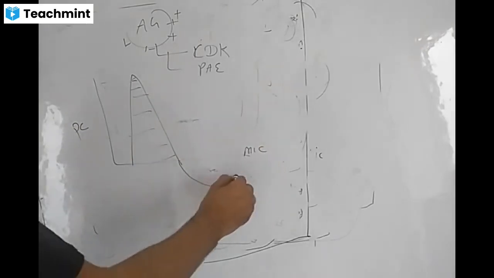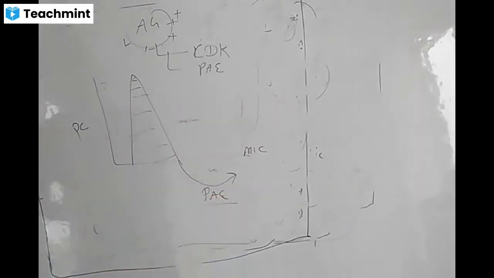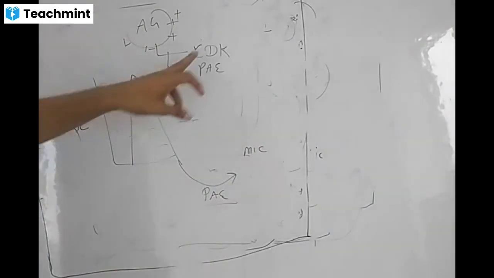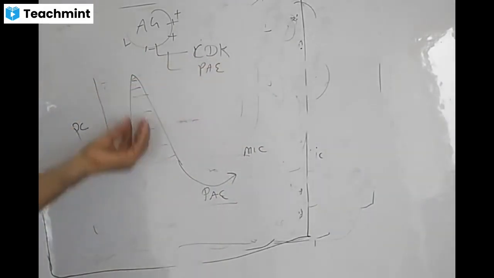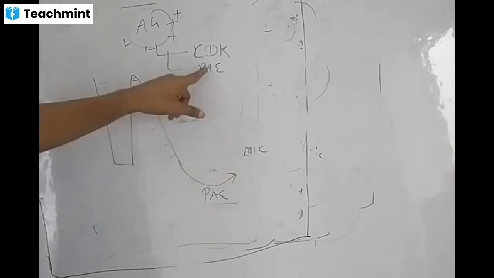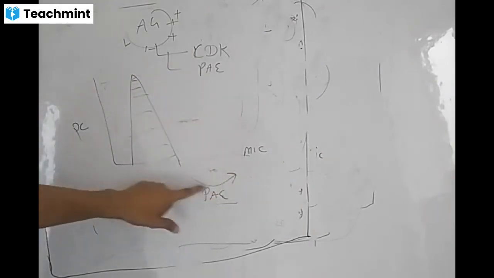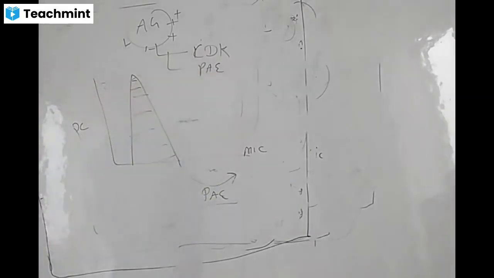It goes below the MIC, that is your PAE, post antibiotic effect. So these are two important points. Concentration dependent killing: if you increase the dose, it will kill more. And after the concentration goes below the MIC, still killing for few hours. That is because of post antibiotic effect.